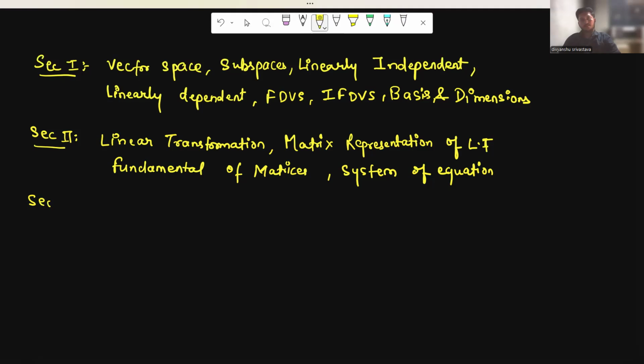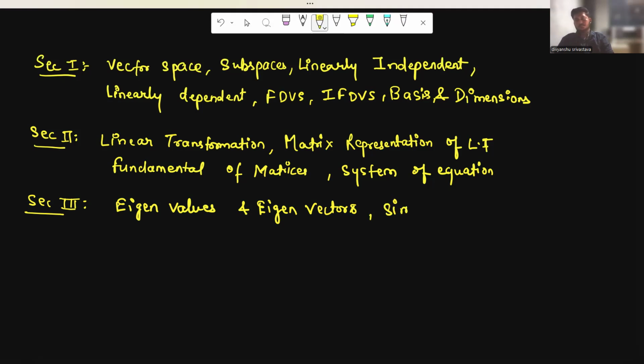In section 3, the topics include eigenvalues and eigenvectors. Next one is similarity of matrices.